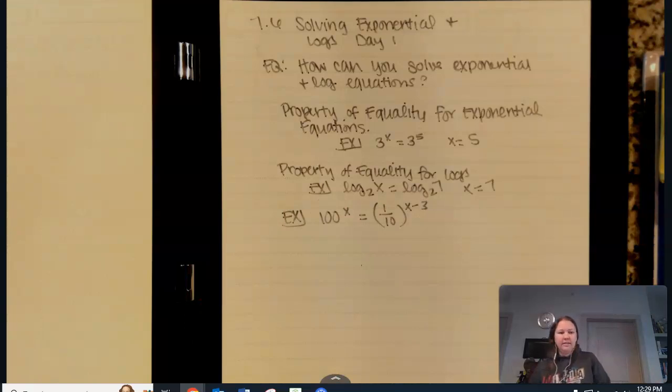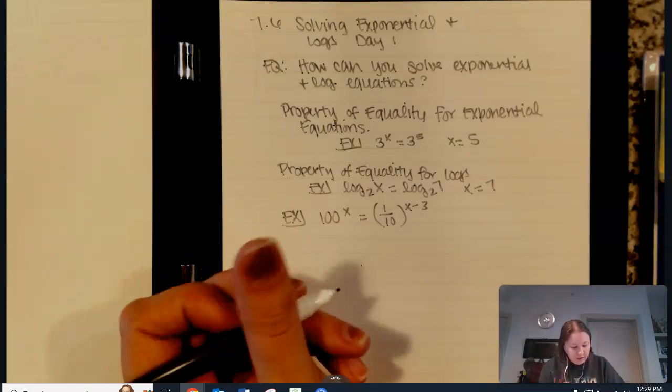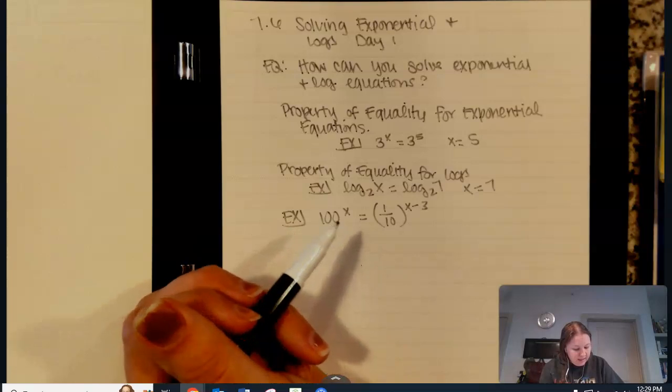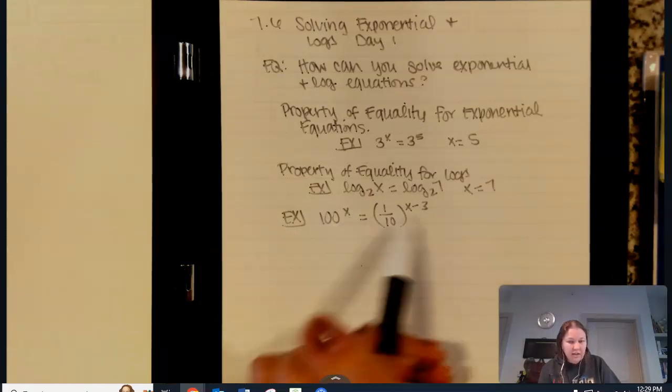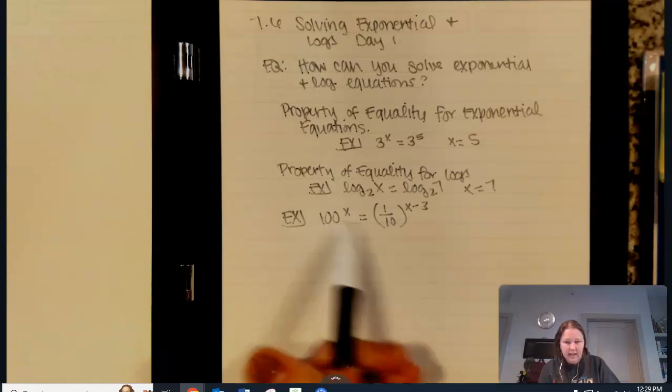solve for x. So we're going to put together everything that we've learned thus far about logs and exponentials to solve this equation. The first thing we need to do is figure out how to get to these x's. Hopefully we see that 100 and 1/10 have something in common.